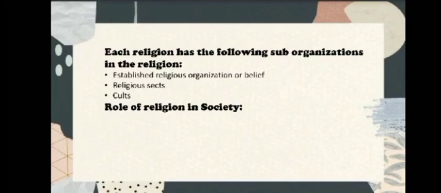According to the dictionary, a cult is a system of religious veneration and devotion directed toward a particular figure or object. Roles of religion in society: there are many types of religious organizations such as Islamic, Jewish, Buddhist, and Christian organizations.